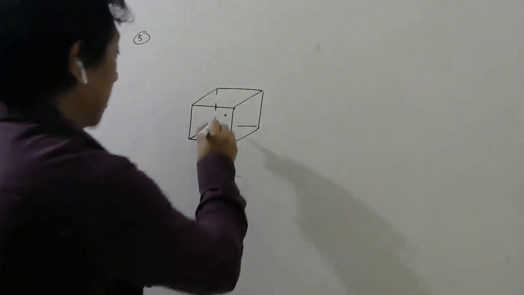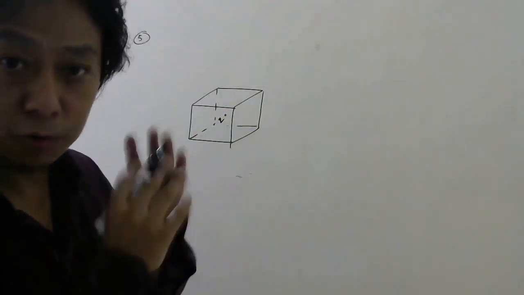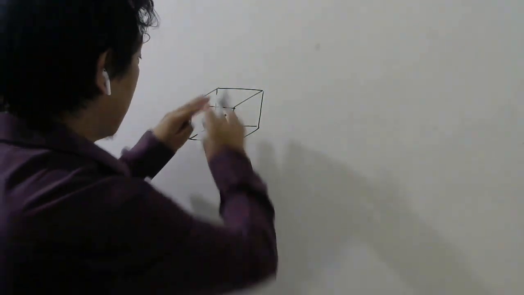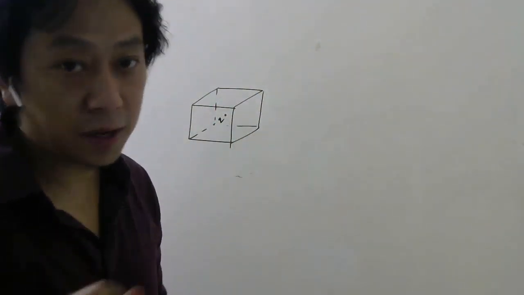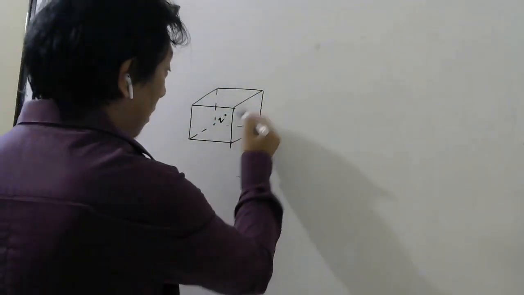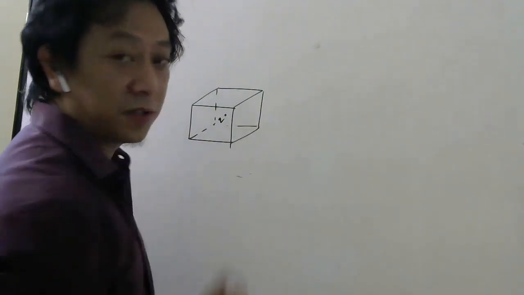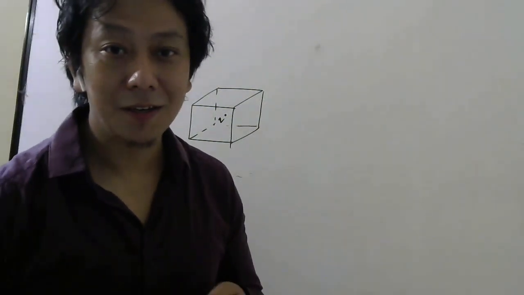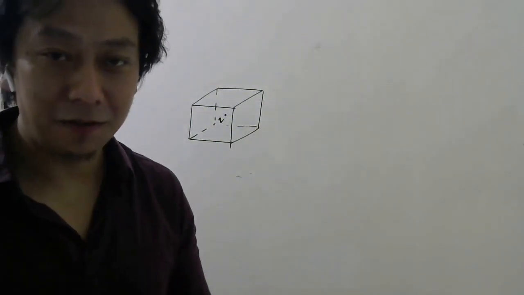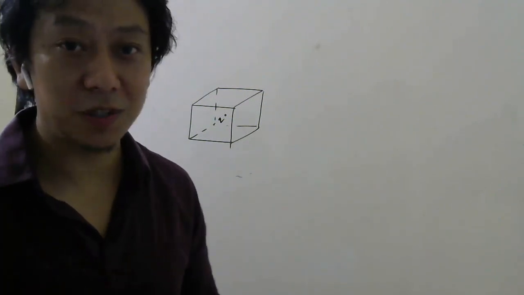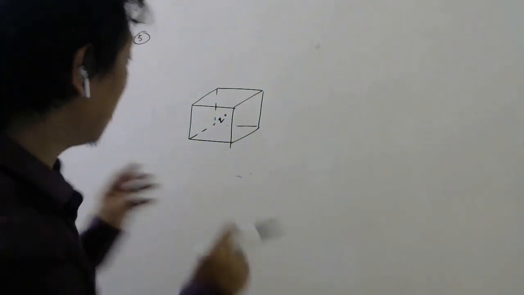Then if I ask what is the flux through the cube, it is a closed surface, so you can write Q by epsilon naught. Then for one plane surface, if they ask, what will you write? 1/6 of the total flux through the cube, which is Q by epsilon naught. So that we have done.